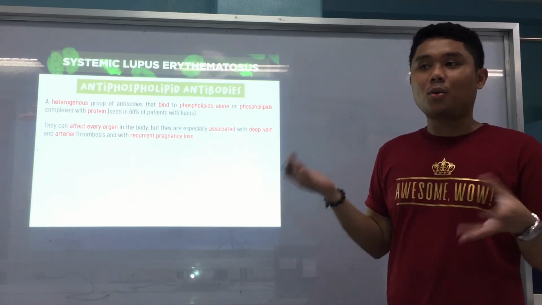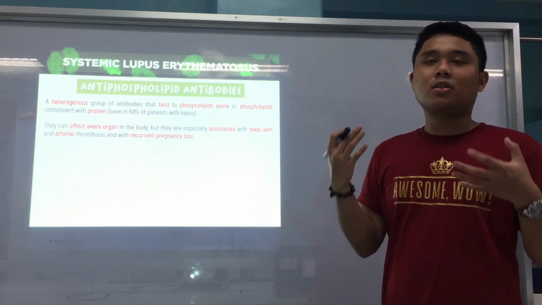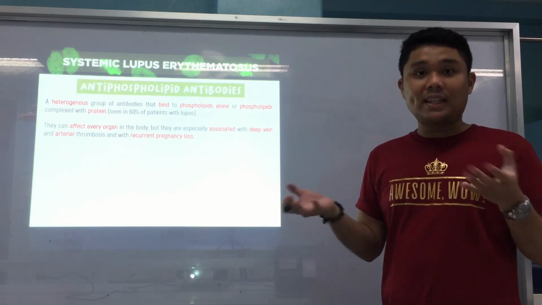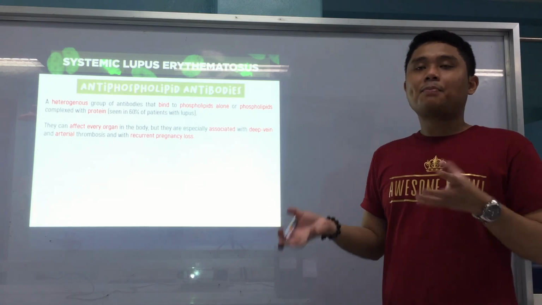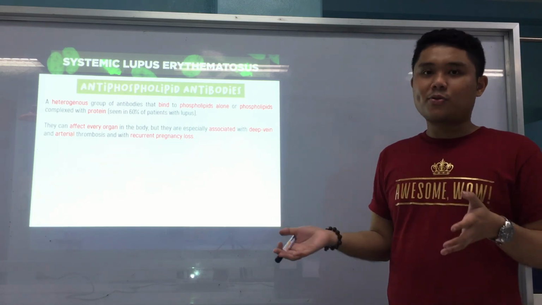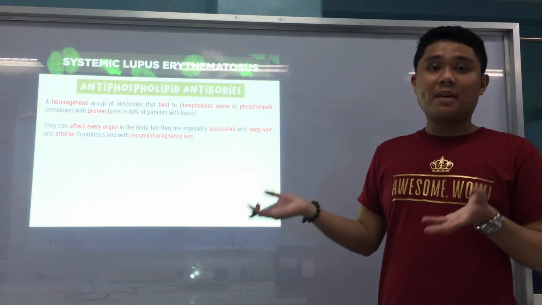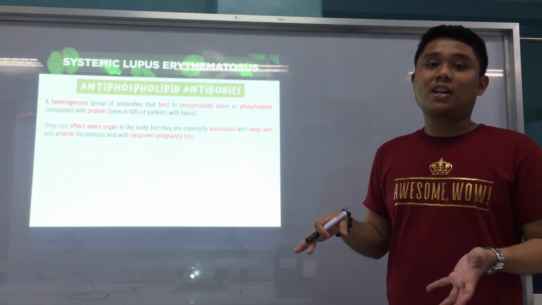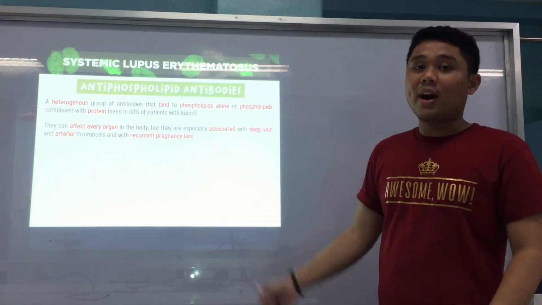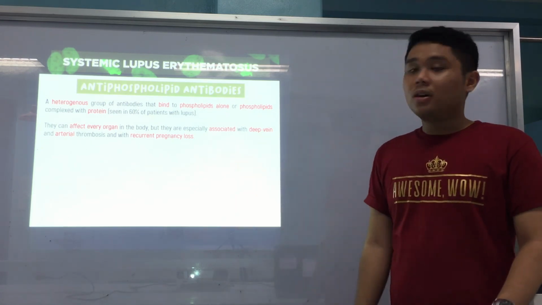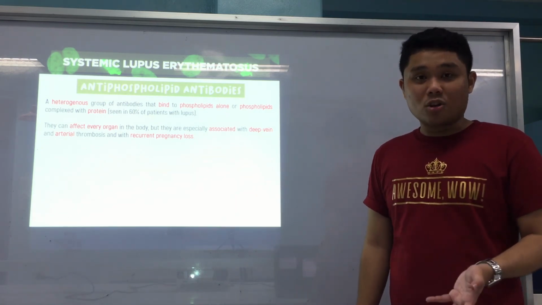And di ba, phospholipids are one of the fundamental building blocks sa ating cells. So therefore, if may antibodies ang pregnant woman to phospholipids, i-attack nila ang cells sa baby. So it can lead to miscarriage. So usually, na-encounter na antiphospholipid antibodies is for pregnant women, again to detect current pregnancy loss.